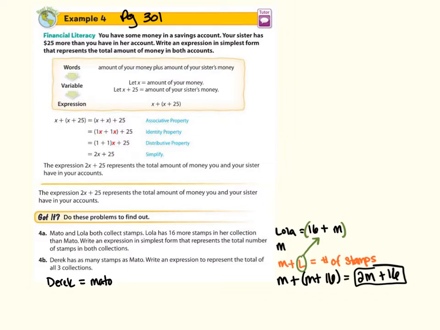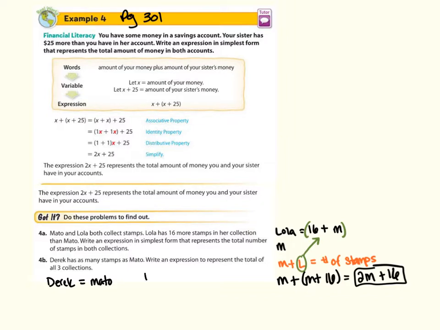This name Motto sounds ridiculous. Anyway, so if I have Derek equal M, Motto equals himself, and Lola equals 16 plus M, well, then I can add Motto plus Derek plus Lola.